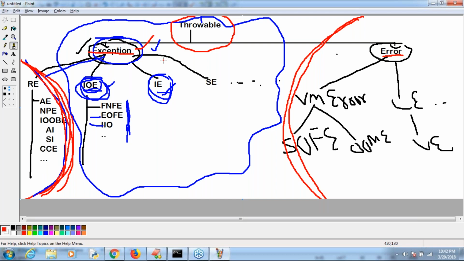Why are you directly saying no? Throwable is a partially checked exception. Exception is partially checked. Not only these two, right? One is this one, second one is this. Any other?